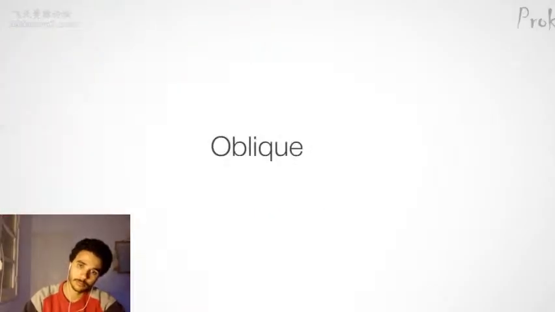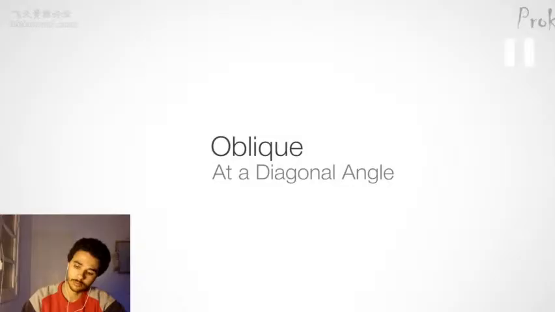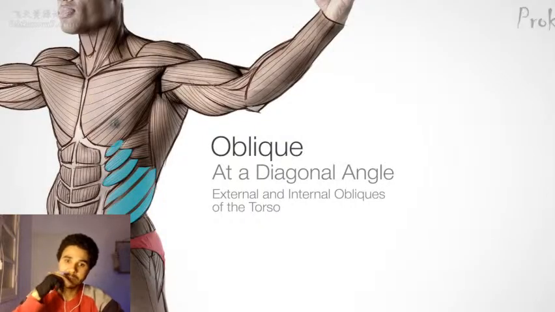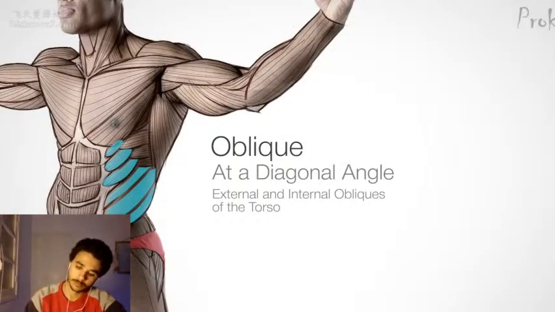Oblique would describe a muscle that is at a diagonal angle, like the external and internal obliques of the torso. Both run diagonally.